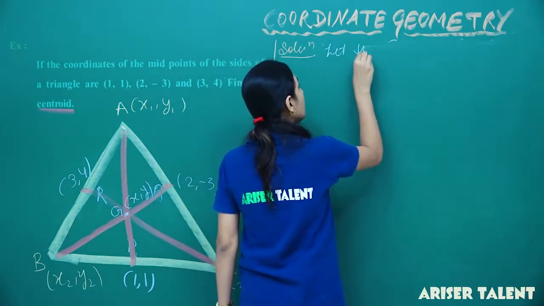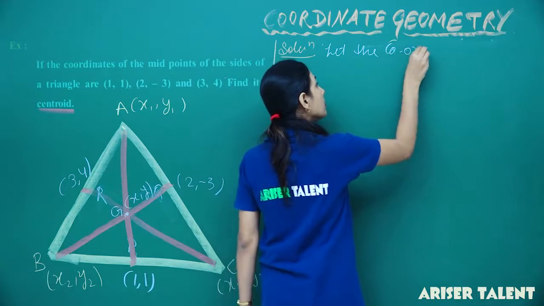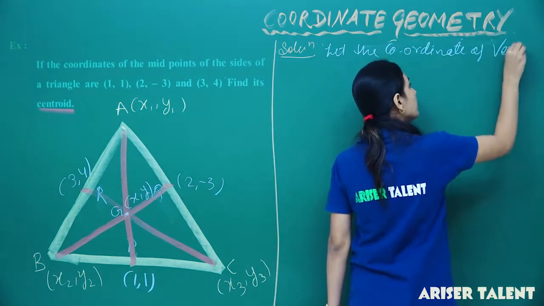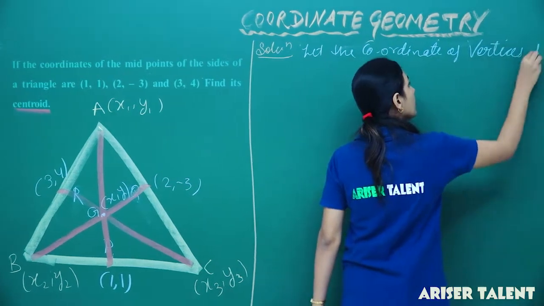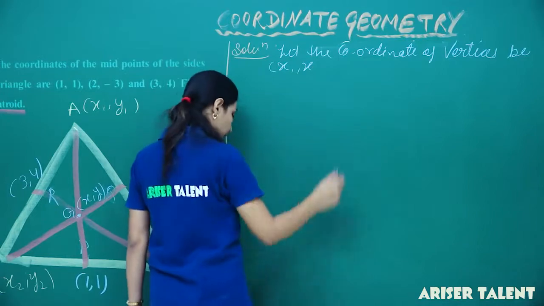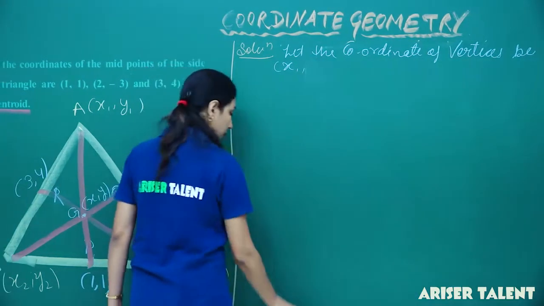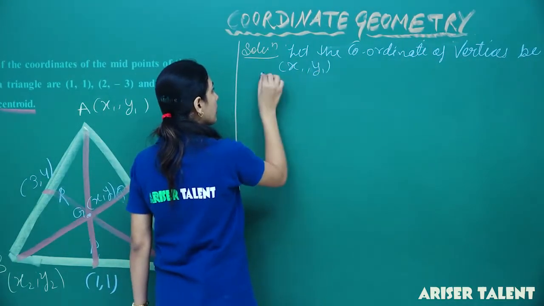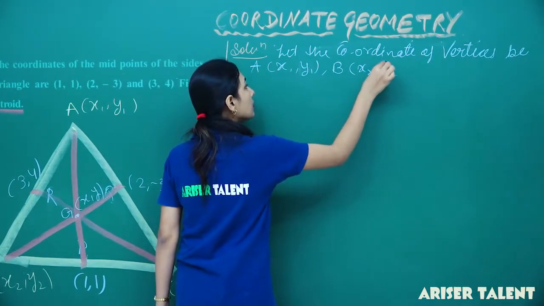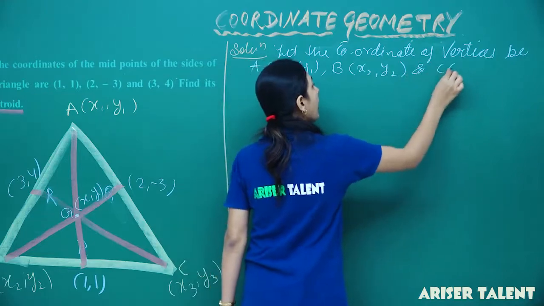Let the coordinates of vertices be x1, y1, that's A, B, x2, y2, and C, x3, y3.